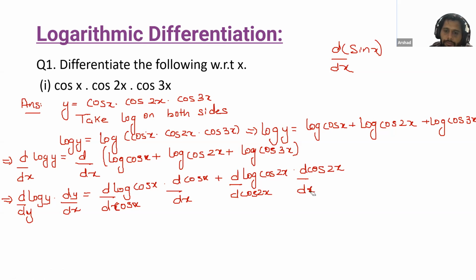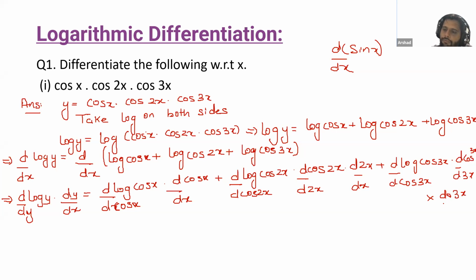Again, we need to apply the chain rule here because we have cos 2x, so we differentiate with respect to 2x, then 2x with respect to x, plus the derivative of log cos 3x with respect to cos 3x, then cos 3x with respect to 3x, then 3x with respect to x.